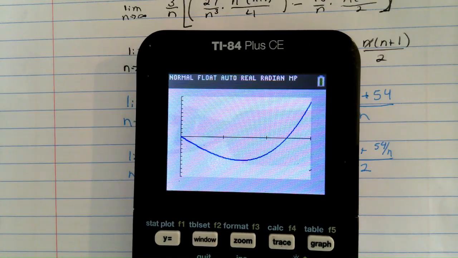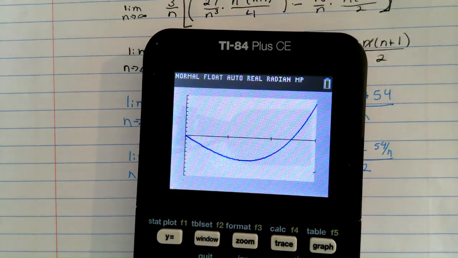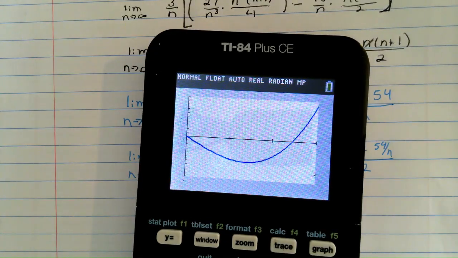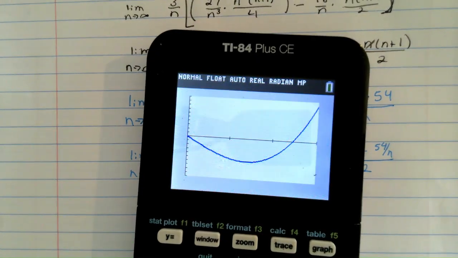Okay, so a couple extra rules that we can also throw in here, just to save you some time. We kind of talked about them. You can take the integration from a to b of c dx.